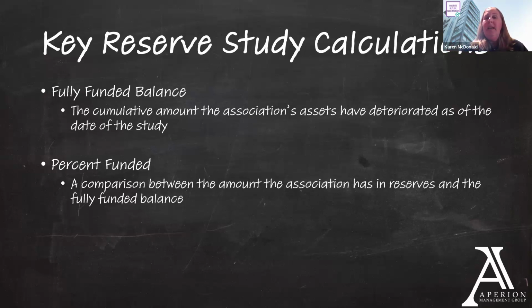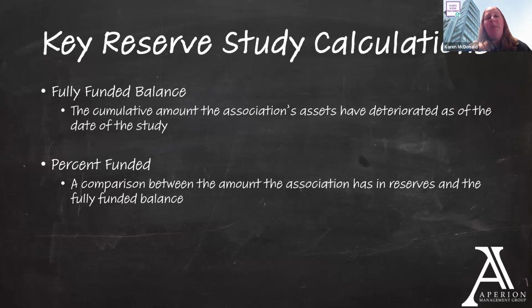The association would then save $1,000 a year for 30 years to have enough money in the 30th year to do that project. So if that asphalt is 5 years old, the fully funded balance is not $30,000, the total cost of the asphalt project. The fully funded balance for the asphalt is $5,000 because the asphalt has deteriorated for 5 years at $1,000 a year. So in the 6th year, that fully funded balance goes up by $1,000 because the asphalt's now another year older.